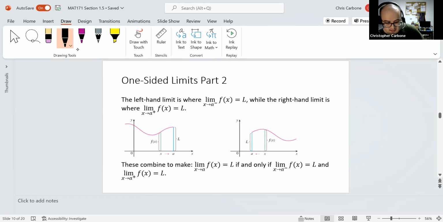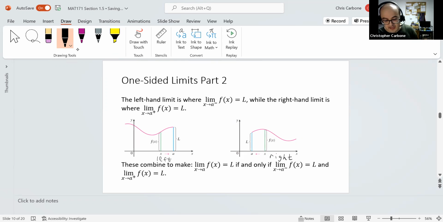So this one here is on the left side: values of x below a, we approach that value of L for that limit. Likewise, this one here is to the right: values of x above a as we approach it from that side. But again, technically they don't have to be equal, which is what did not happen before.